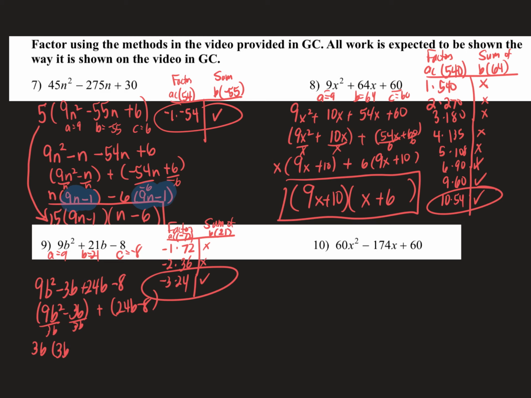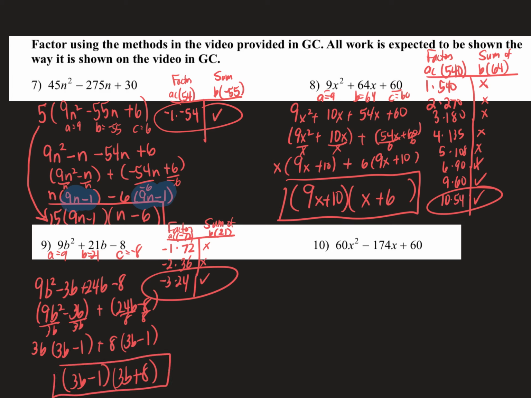That would be 3b minus 1. The second group has positive 8 in common. That would be 3b minus 1. It worked because what's in parentheses is the same. So the quantity 3b minus 1 times the quantity 3b plus 8 is the product of those two.